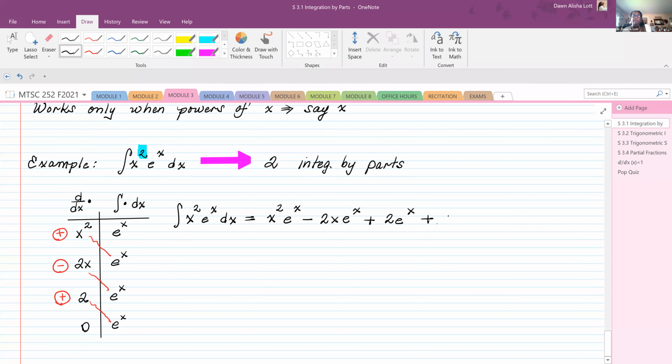Okay, the integral of cosine of the natural log of x dx. Now, this one is tough. Okay, this is a toughie. So the first question I have is, what is u going to be?